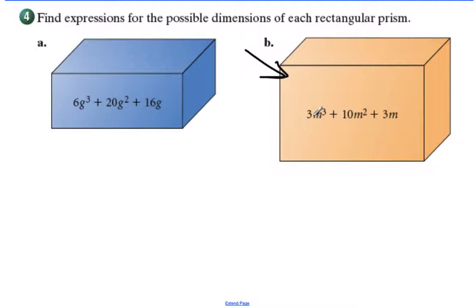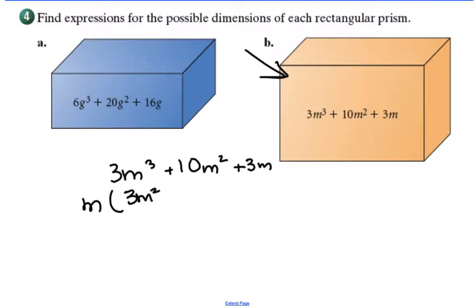So first thing we want to do is see if these terms have something in common. Well, the 3 and 3 would have a 3 in common, but 10 doesn't have a 3, so that's not going to work. But they each have an m, so let's factor out an m.